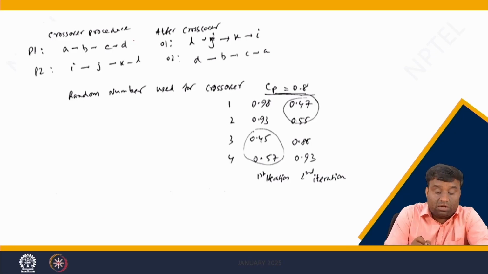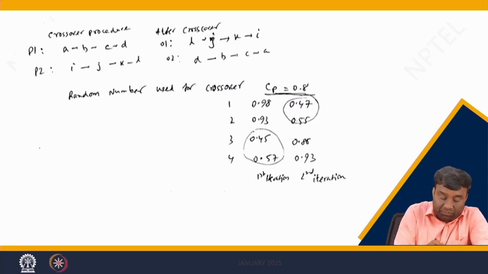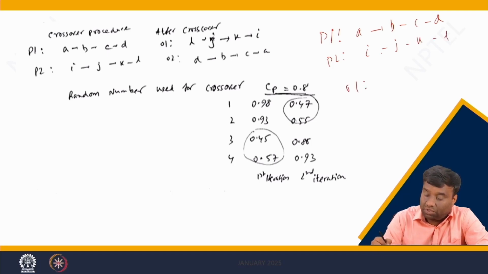So there is some crossover procedure defined here. Suppose for crossover, P1 is A, B, C, D, and P2 is I, J, K, L. So offspring 1 will come from P2.